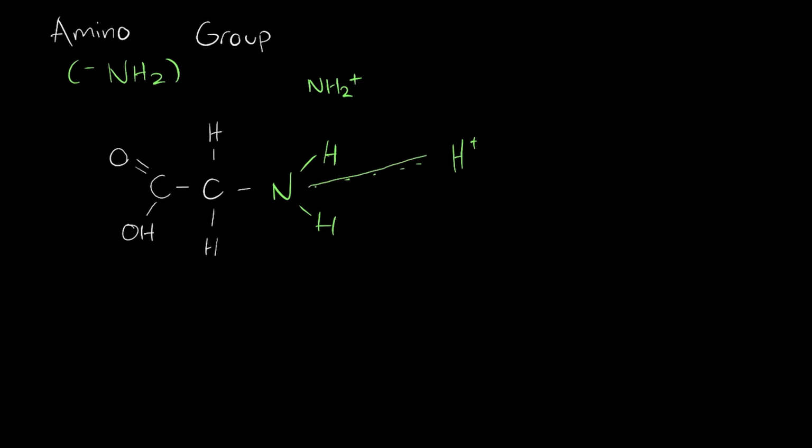So if it has an amino group, it's likely to be basic. That being said, it's also important to note that whenever a molecule has an NH2 group attached to it, it's called an amine.